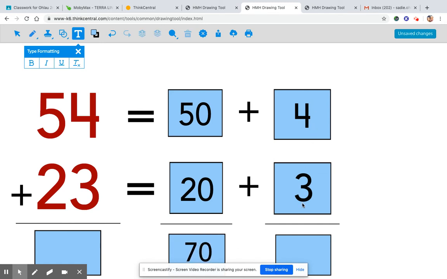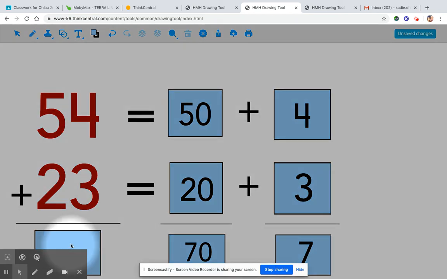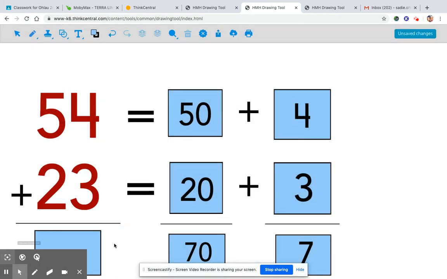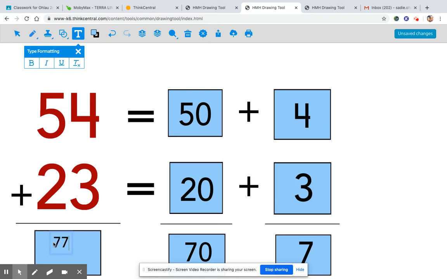Plus, I've got 4 ones and 3 ones. 4 plus 3 equals 7. Now, my final answer is going to go here. 70 plus 7. What is 70 plus 7? That is going to be 77. Wow, lots of sevens here. Okay, so my final answer is 77.